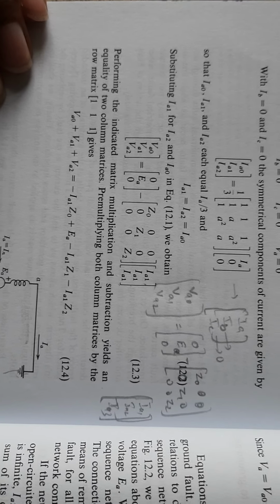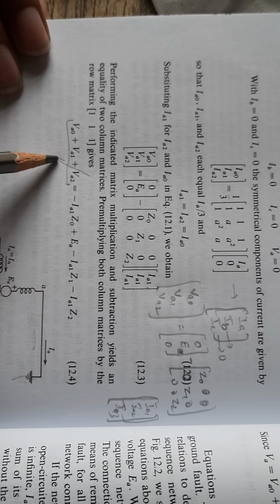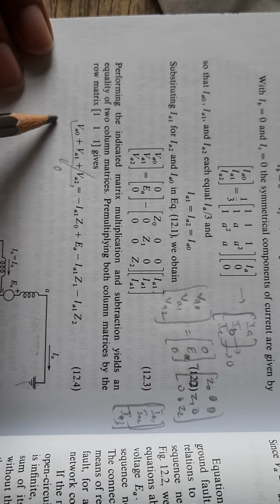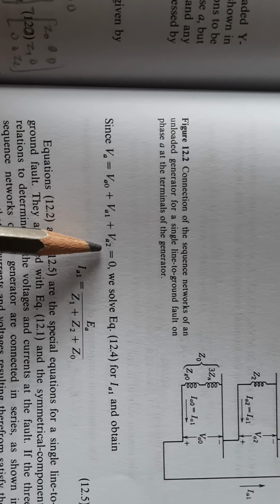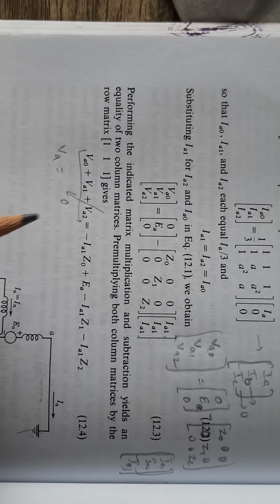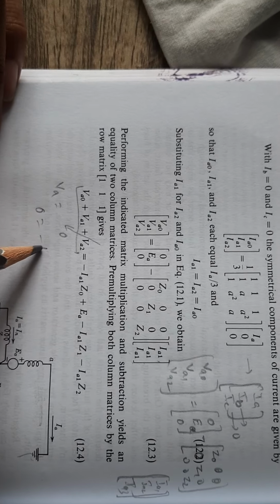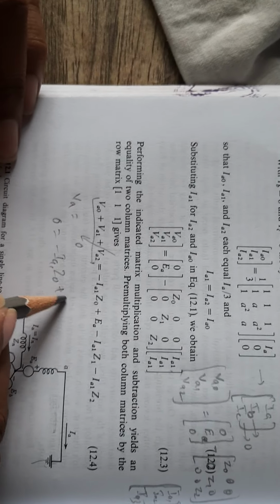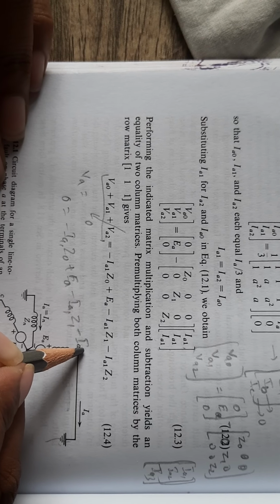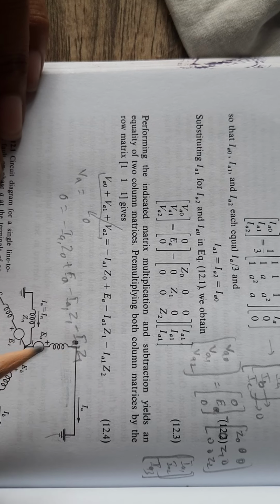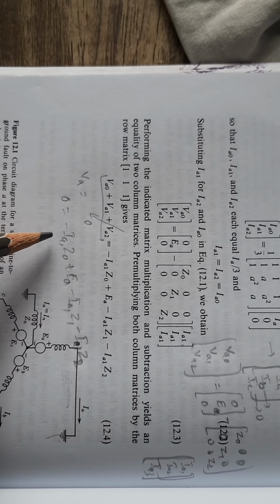In this equation, VA is considered as 0, because VA is equal to VA0 plus VA1 plus VA2. It is 0. Now I put this in the equation and solve. This becomes 0 is equal to minus IA1 Z0 plus EA minus IA1 Z1 minus IA1 Z2.